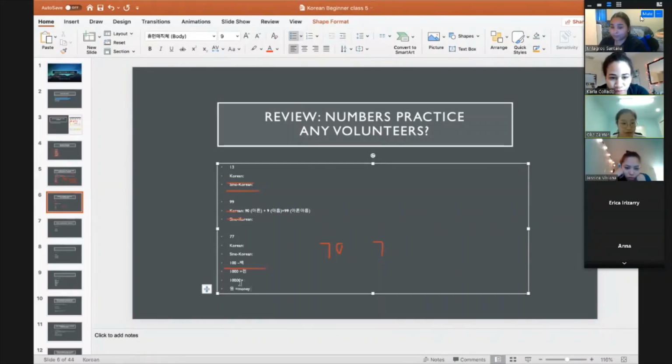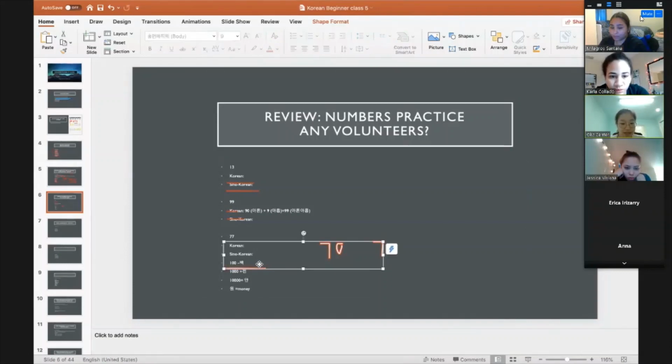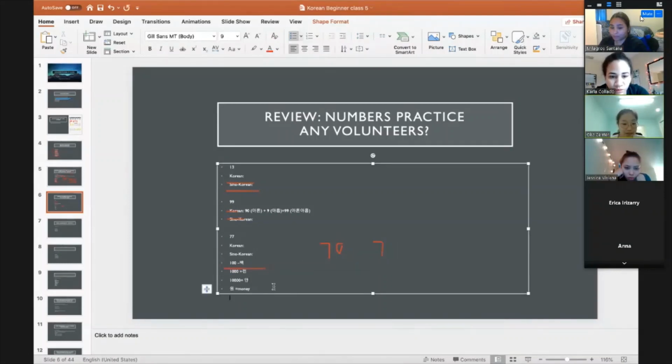So you say $1, it's the same thing, 1,000 won, man won. This one is man, and then you add the same thing. If I have to make an example, I'm just going to make an example like this.